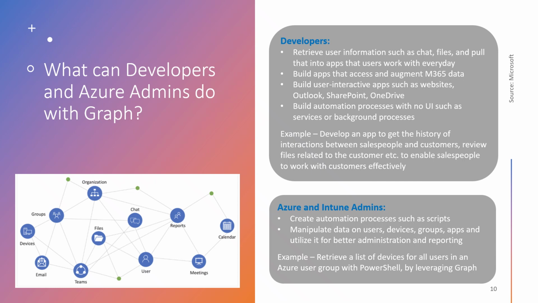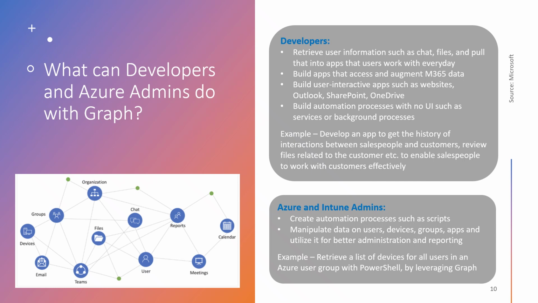Firstly, speaking of development scenarios, developers can retrieve users' information such as chat, files, calendar, and meetings and pull that into apps that users work with every day. They can use the API to build apps that access, analyze, and augment data from M365. The API can be used for building user interactive apps such as websites, Outlook, SharePoint, or OneDrive.